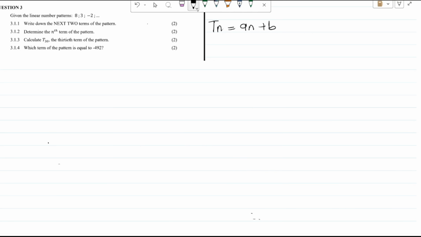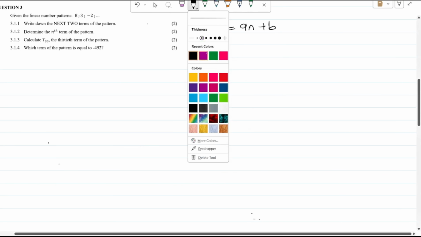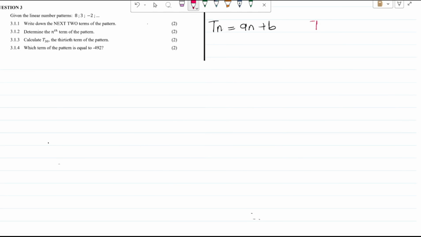But I did say that some of your teachers could be using this formula here: Cn is equal to a plus (n minus 1) multiplied by d, right?